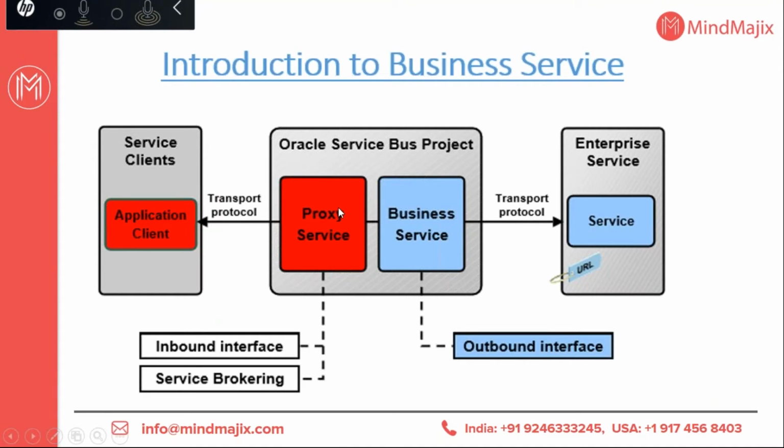So if something unethical happens, the maximum extent to which anyone can damage the system is the proxy service, because the name itself states it's not a real-time service but a proxy service. But that doesn't really mean it's not a real-time service; under the wrap of this proxy is a real-time service, which in turn speaks to the business service. The business service is also not a real-time service. It's going to be talking and acting like a virtual service.